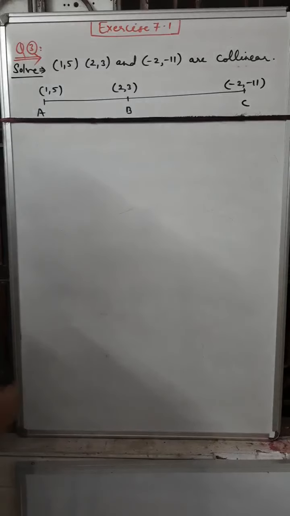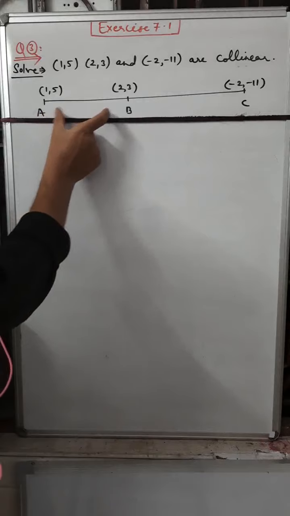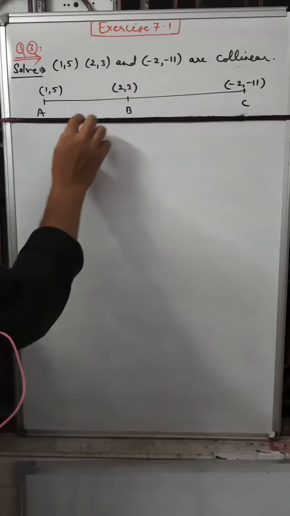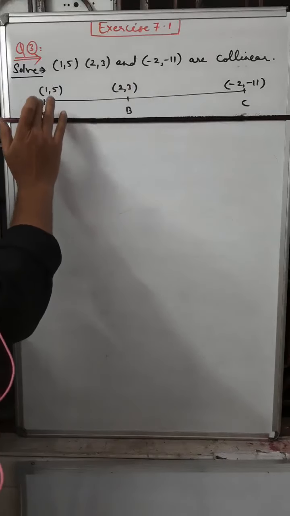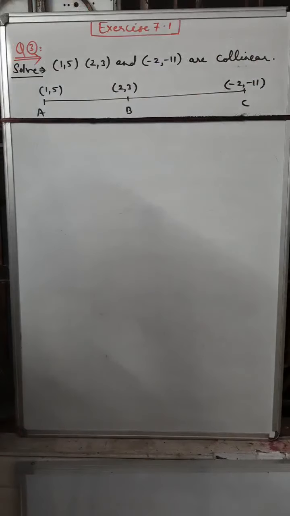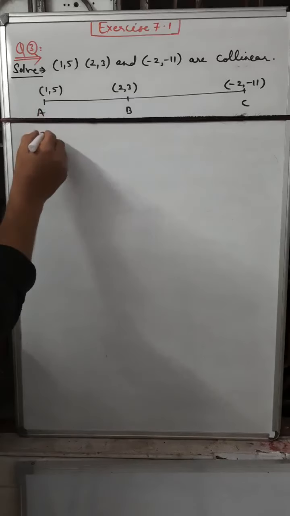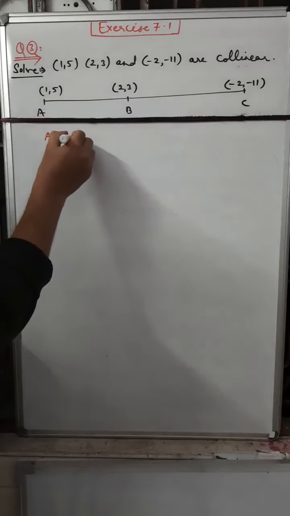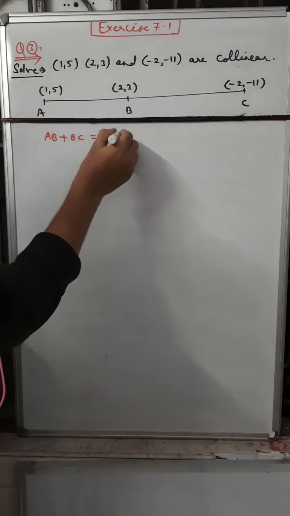When it is possible, then 2 parts of this straight line will add up and we will get the complete straight line AC. So there are 3 conditions. We can write AC is equal to how much? AB plus BC may be AC.